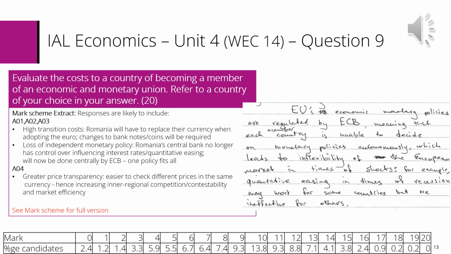The extract from the sample response you can see on the screen here on the right hand side shows a template for candidates to write a developed chain of reasoning for this style of question.